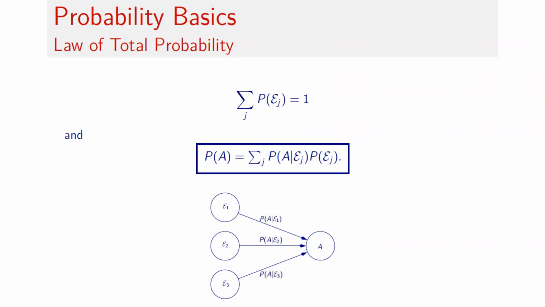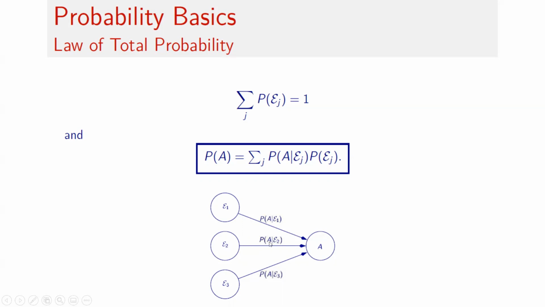So if we know that epsilon sub index j has occurred, then there is a probability that capital A has occurred, which is given by the probability of capital A given epsilon 1.